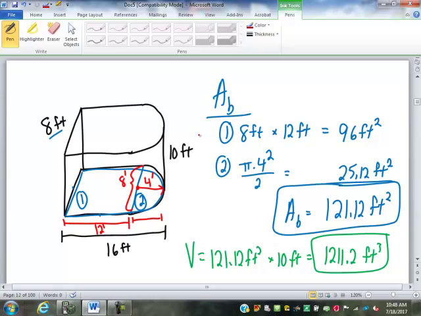Again, that's why I define volume to be the area of a base times a height, because that makes it dramatically simpler when we get to these complex shapes. There are separate formulas you can use for them, but why when it's just area of a base times a height?